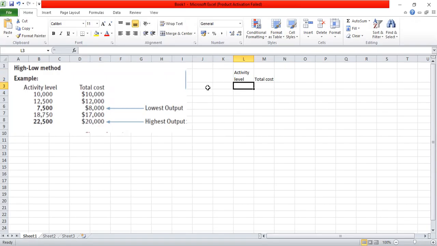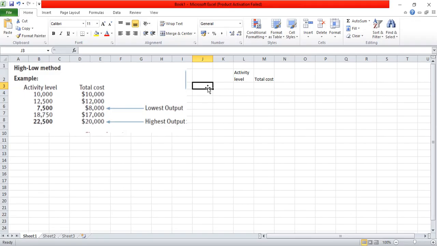First, from among the set of data, when activity level is 10,000, total cost is 10,000, 12,500, 12,000. Like that, then 7,500, 18,750, 22,500. What we need to do is first identify the high level and the low level.